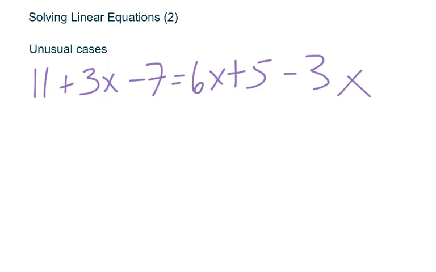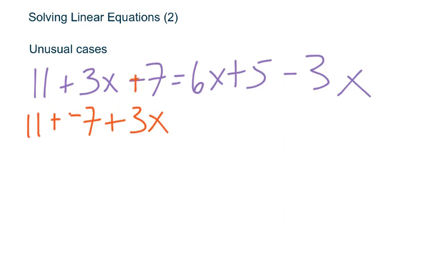Just to reinforce stuff from another lesson, though, what I'm going to do here is use the commutative property, and just show you how that works. Remember that commutativity means you can switch the order of things.